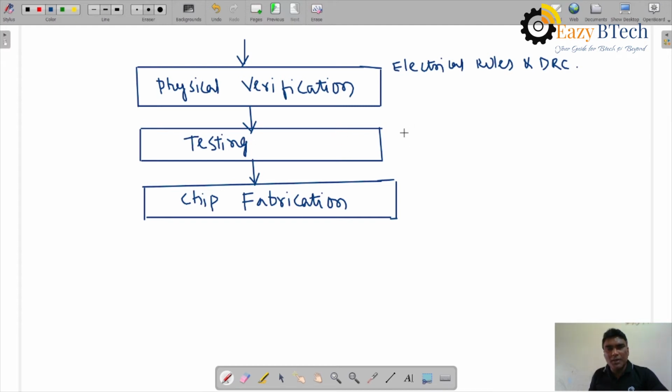Testing is next. After the physical verification, electrical rules and design rules, the chip will be tested internally by the built-in self-test.